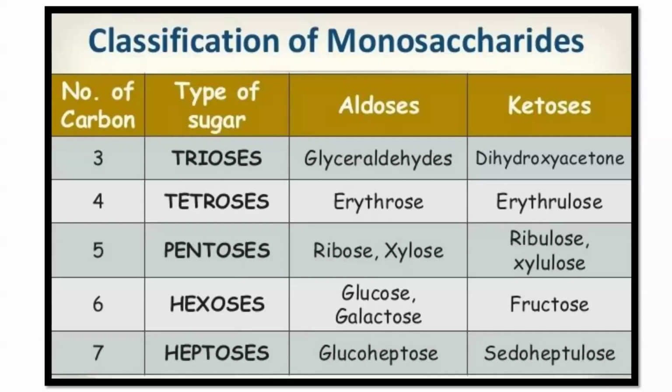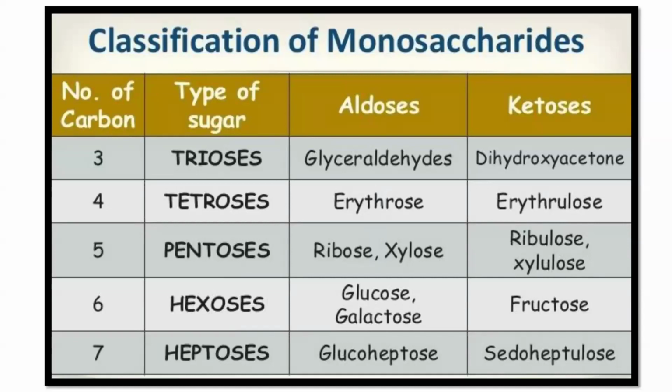Then we also have xylose, and ribulose and xylulose under ketoses. Then we have hexoses, those sugars that have 6 carbons. So we have glucose and galactose under aldoses, then we have fructose.